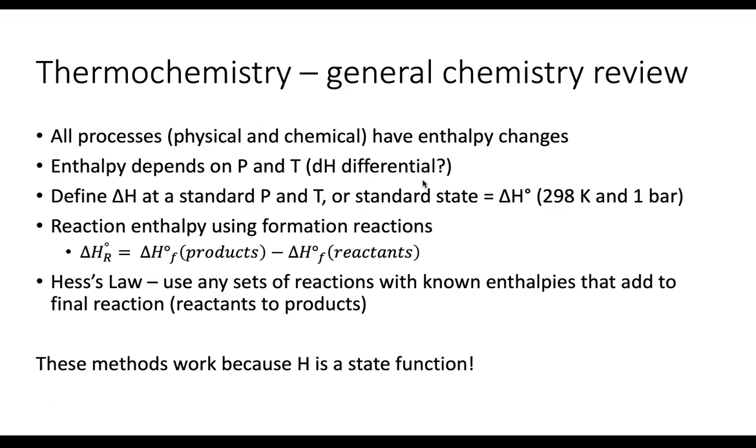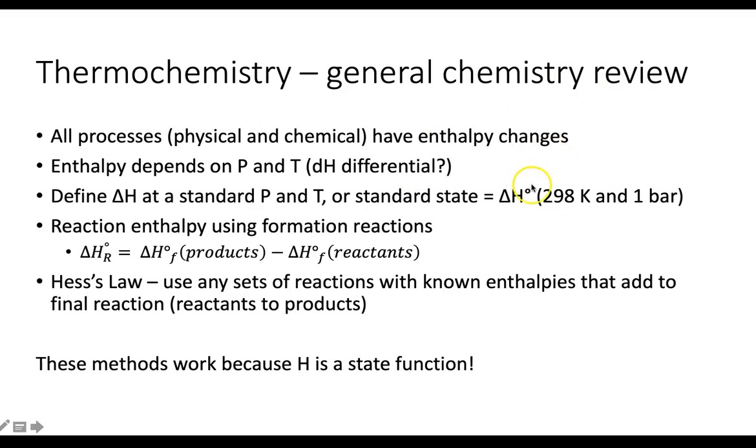In a standard state, as you defined it in Gen Chem, is typically 298 Kelvin and 1 bar, or basically 1 atmosphere pressure. Sometimes the temperature is 273 Kelvin for standard, but I think it's pretty much accepted that 298 is a better one.